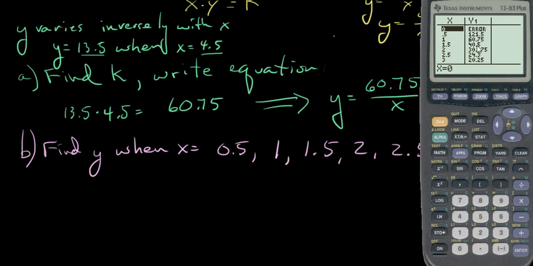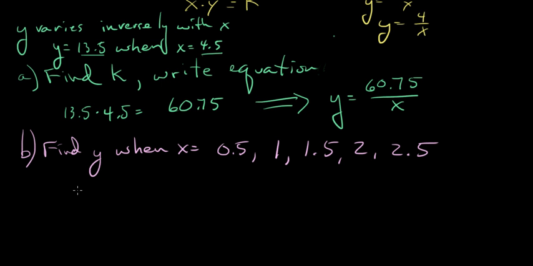So let's go on to the next one. When x equals 0.5, remember your equation is y equals 60.75 over 0.5. So what is your value in your table?